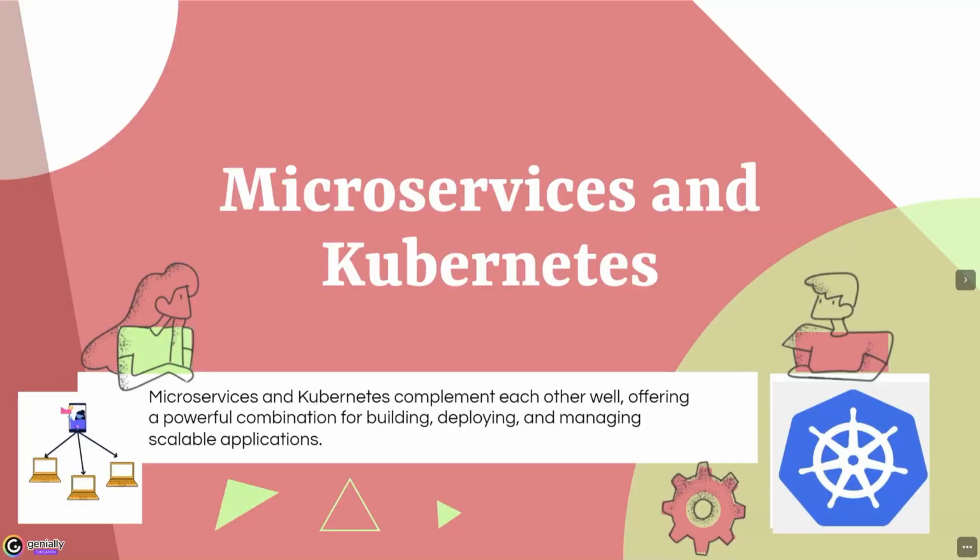In this video, we are going to learn microservices and Kubernetes. Microservices and Kubernetes complement each other well, offering a powerful combination for building, deploying and managing scalable applications. Here is how microservices and Kubernetes work together.